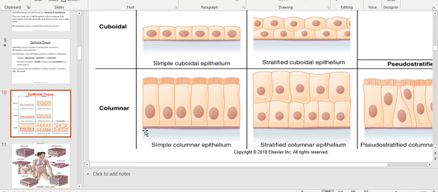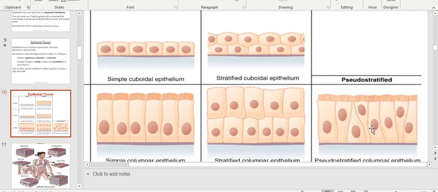These are columns, and you'll see here these little microvilli. You'll see those again when we do digestion. Here are my simple columnar, here are my stratified columnar, and only with columnar cells you get what's called pseudo-stratified, where they're all attached to the basement membrane. These cells are open to some type of canal, an open space.